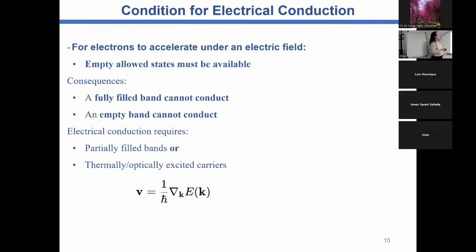The electrons are accelerated under this electric field. We draw the electron here, and this is the potential bias.